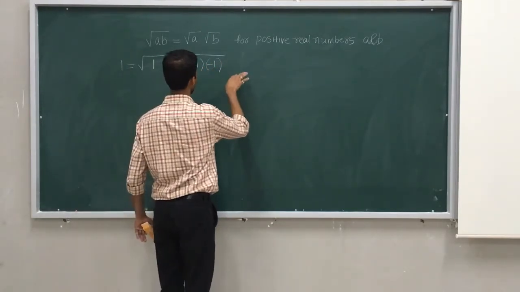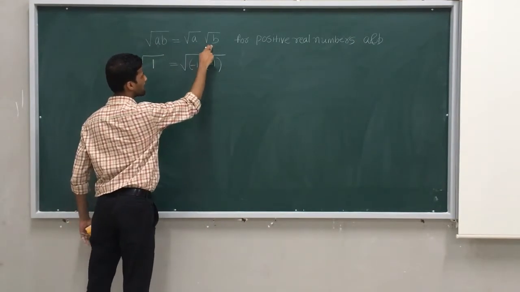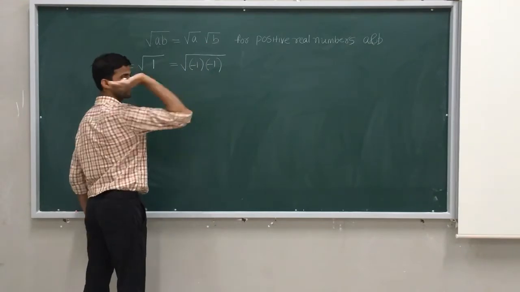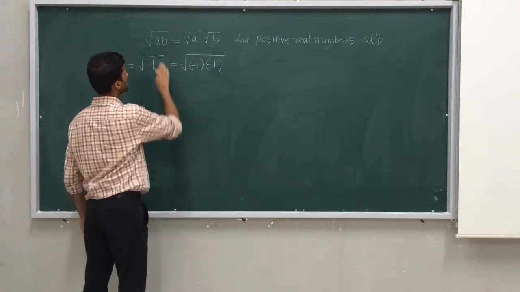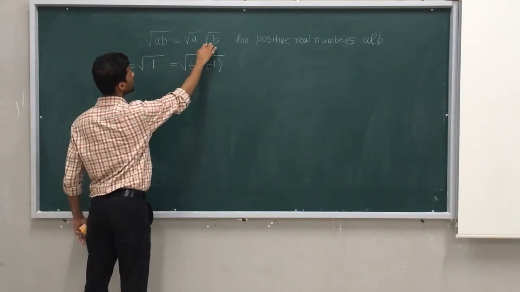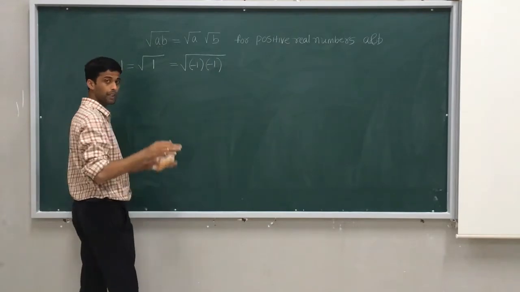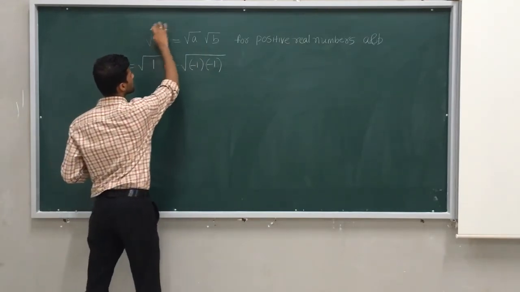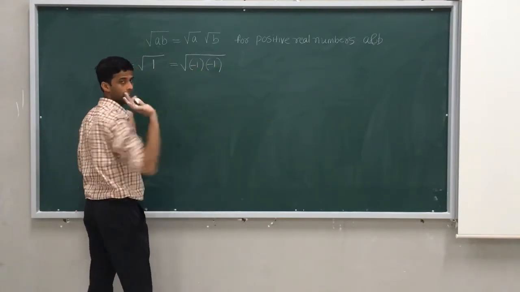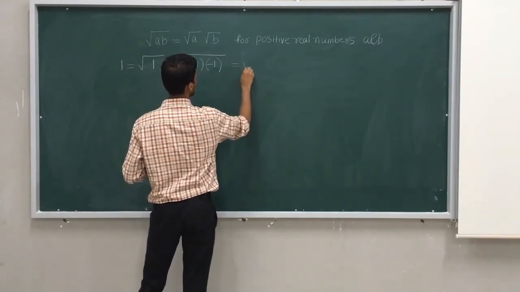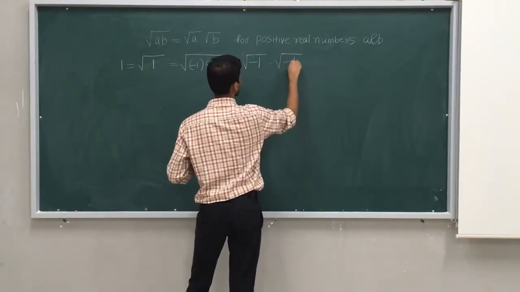Now think that root AB equals root A, root B. Here also, where I told A and B are positive real numbers. Think that root AB equals root A, root B for A negative as well as B negative. If I assume that this result is true for positive as well as negative real numbers, I will proceed now. What will happen? Then it will become root of minus 1 into root of minus 1.